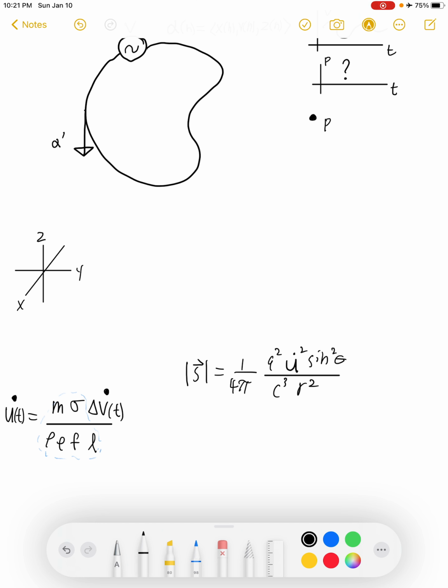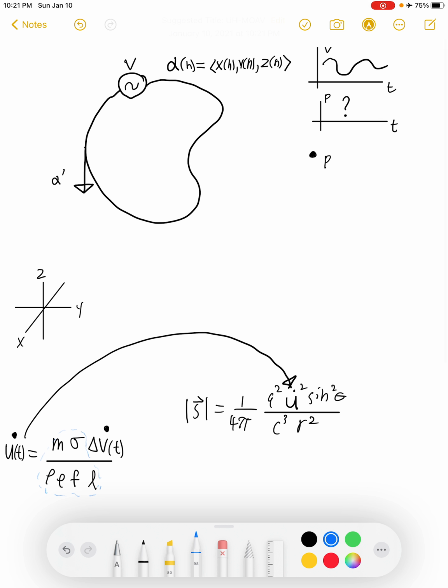So we have the formula for U, and we just need to get theta and R. Now, it's too complicated to look at the entire curve. However, in the spirit of calculus, we will first partition our curve into many sections.